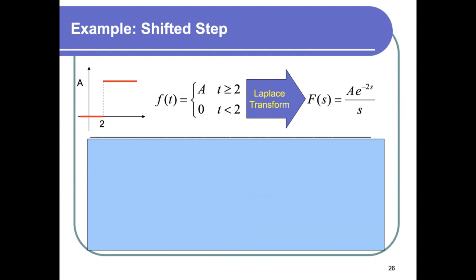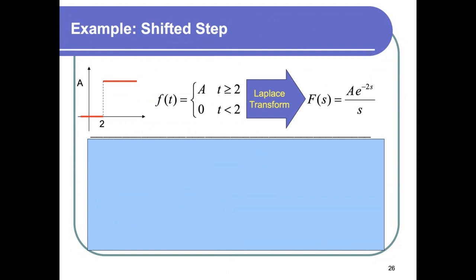Or I can still use the integral. And if I use the integral, we have f of t times e to the power minus st, integrated from 0 to L plus L to infinity. From L to infinity, it is 0, so this is gone. And then I can find this integral and get a over s times 1 minus e to the power of minus sL.